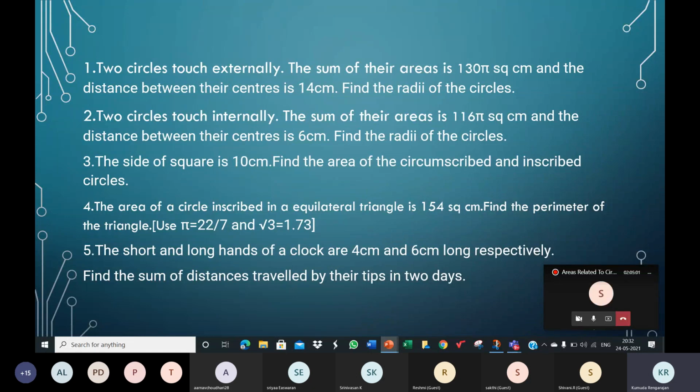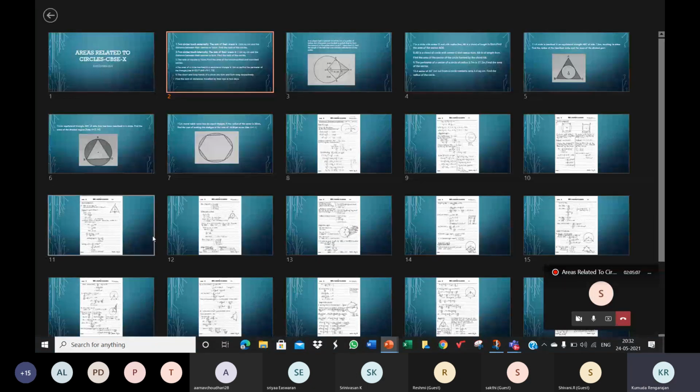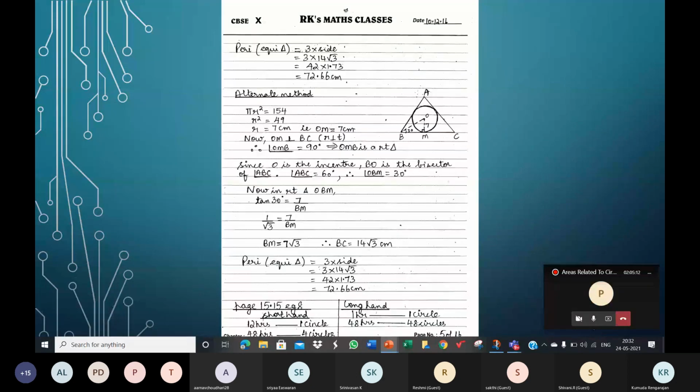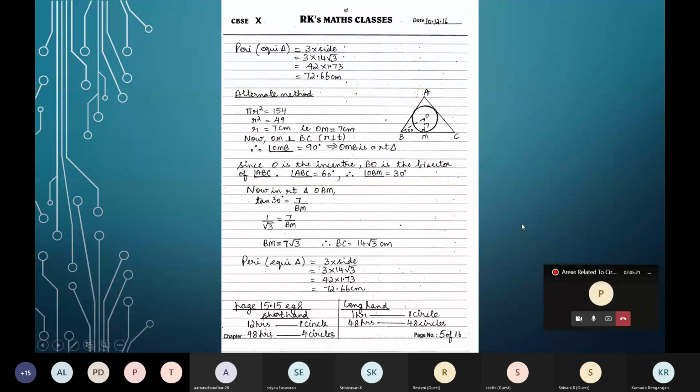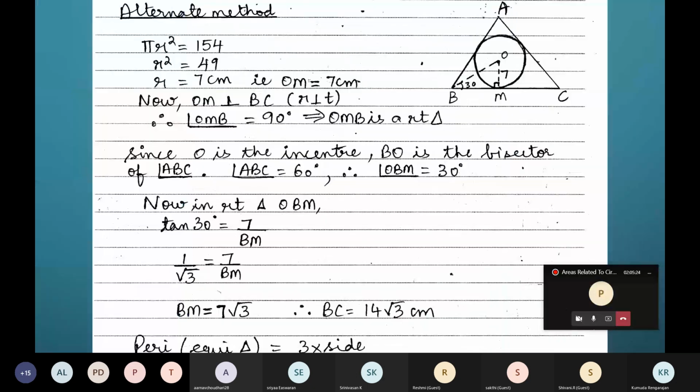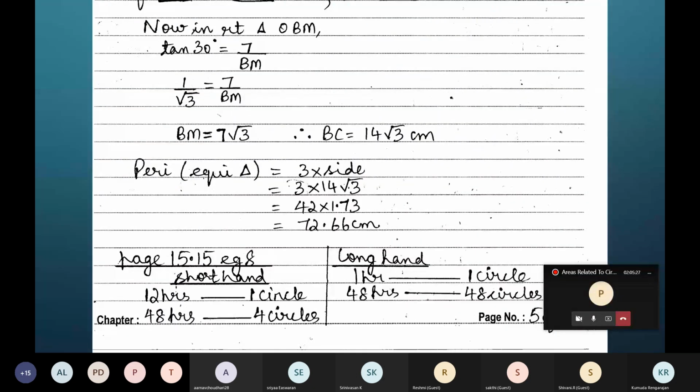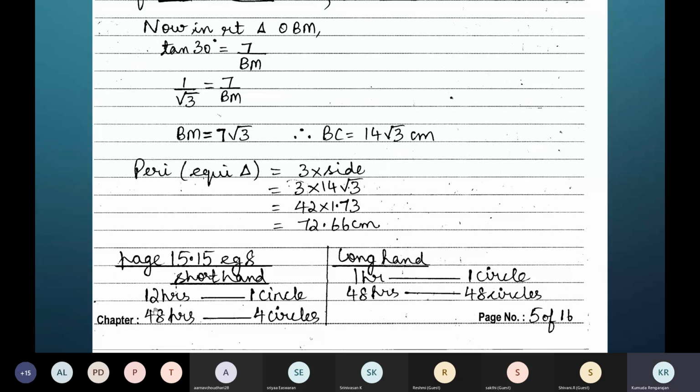Nowhere are we going to use pi r square. You can see the answer starting right below here.